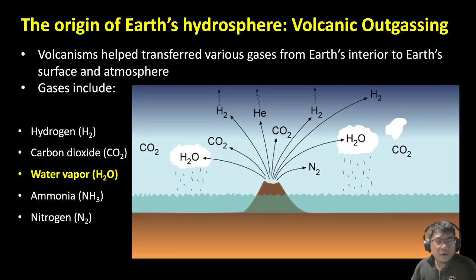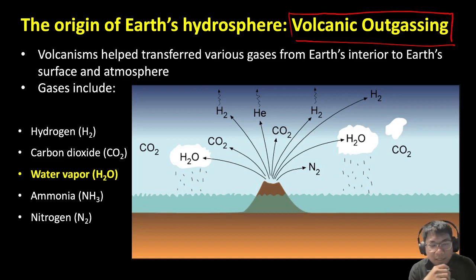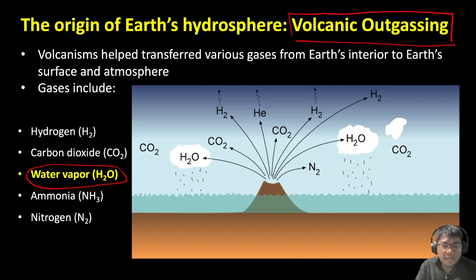So the origin of Earth's hydrosphere ties very strongly with the processes that I already explained in a previous video, which is called the volcanic outgassing that happened in the early Earth. One of the gases that was released by volcanic outgassing is H2O.